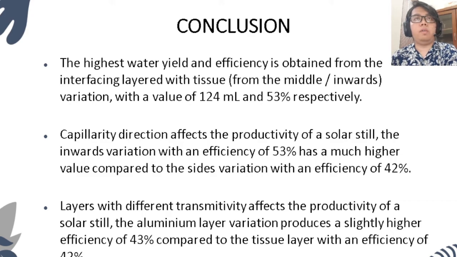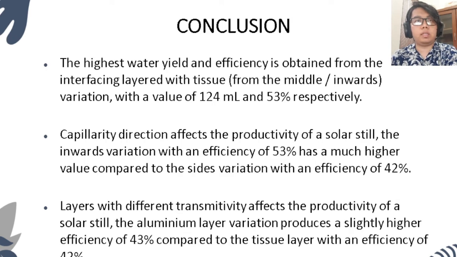From the data above, we have come to a conclusion. The first point, the highest water yield and efficiency is obtained from the interfacing layered with tissue with capillarity direction from the middle or inwards, which is variation number 2, accumulating a water yield of 124 milliliters over the course of 2 hours, producing an efficiency of 53%.